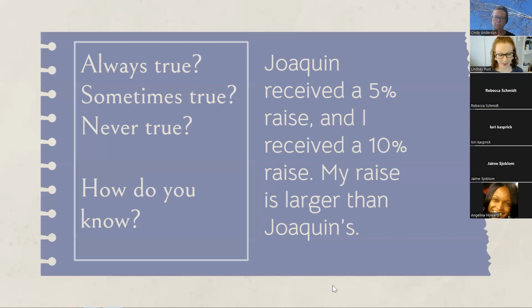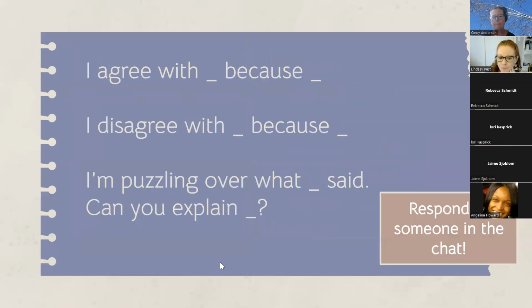However, if I'm not talking about the same whole, 10% of a number is not always bigger than 5% of a number. Those two statements are true all the time, regardless of the number, which is more generalizing of the patterns and structure that I noticed. I hope that makes sense. If not, or if someone else can explain it better, please unmute and share.